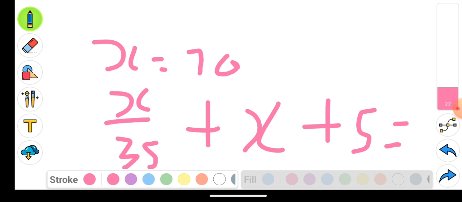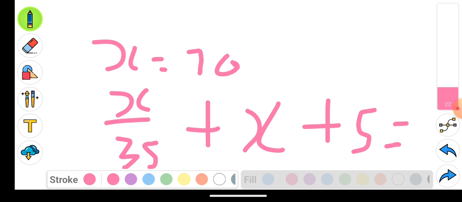Okay, how are you going to work this out? x over 35 means 70 divided by 35, because x equals 70, and that's how that works, which is 2. Then you do 2 plus x, which is again 70. So you get 72.